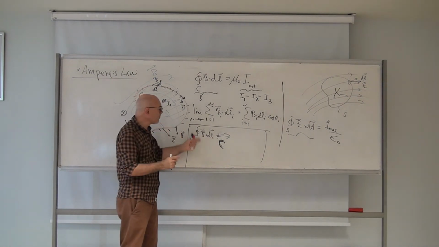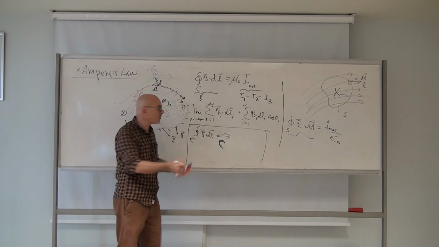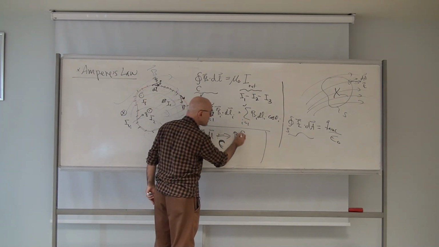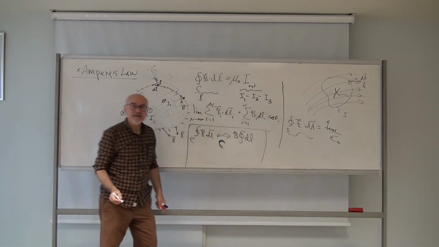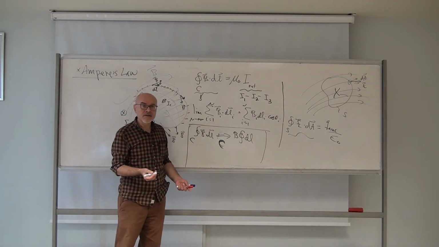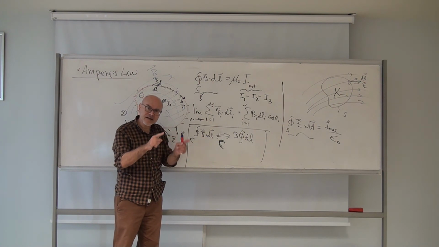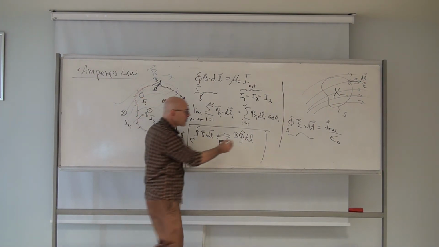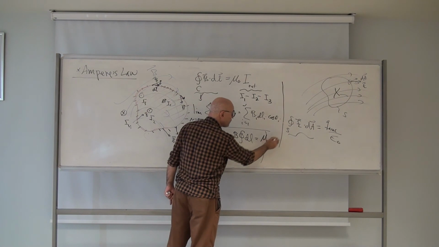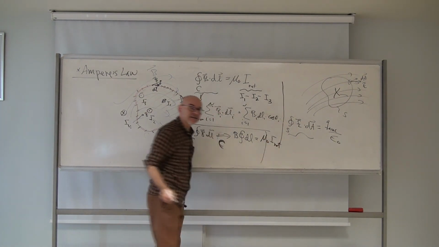B will be uniform, B will be parallel to dL, and so on, so that you can take it outside. So this reduces to a sum over the dL. What is the sum over the dL? It is the circumference of the contour. And so this will be equal to mu naught I net. I call it I net.